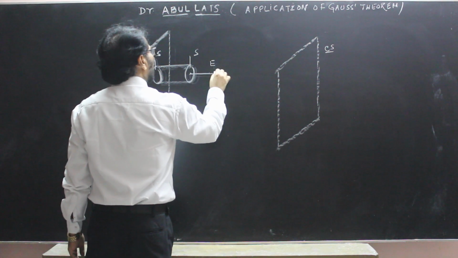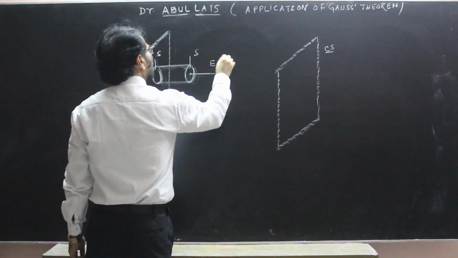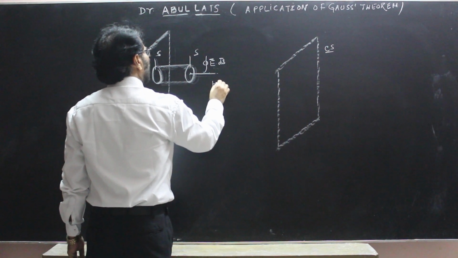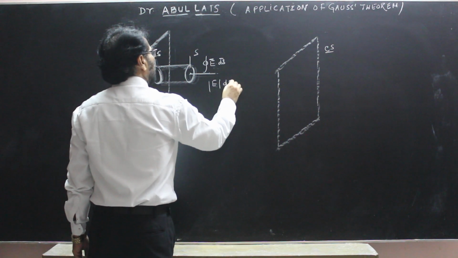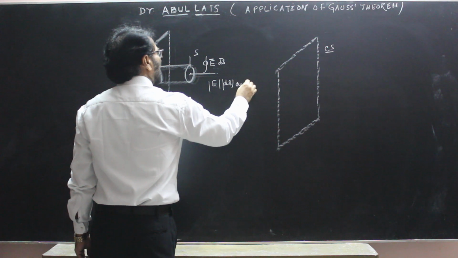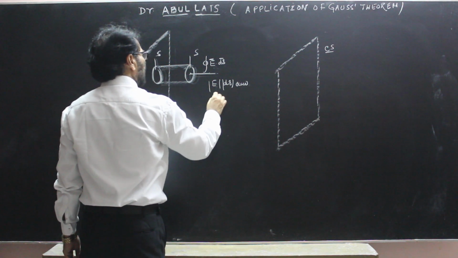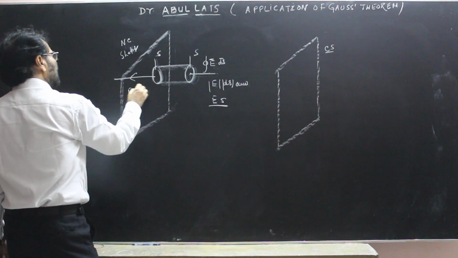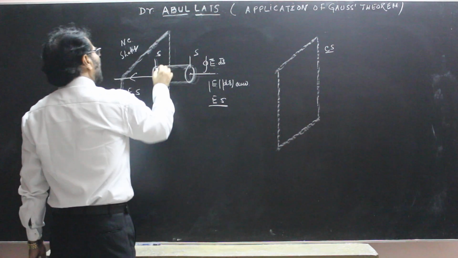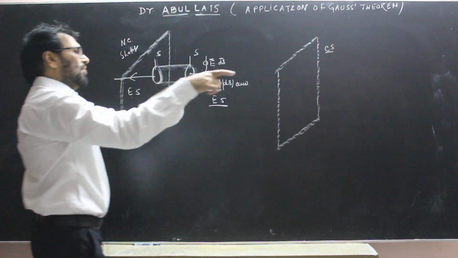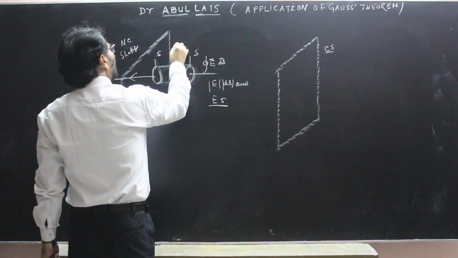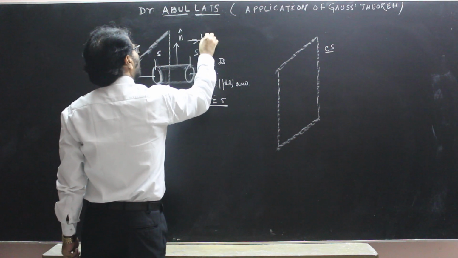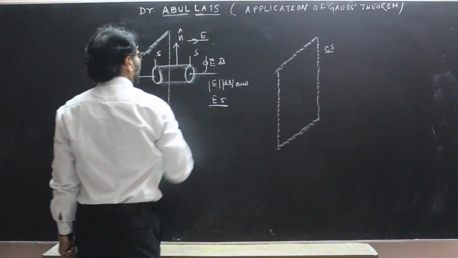For this surface, E dot ds is mod E mod ds cos 0, and it is E into S. For this surface also it is E into S, but for the curved surface, the outward normal is like that and the electric field is like that.